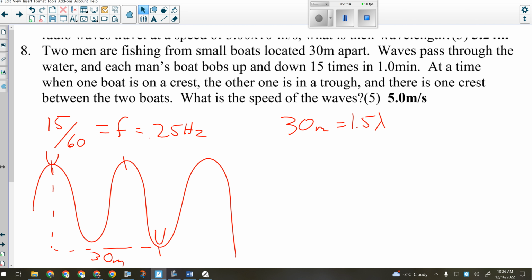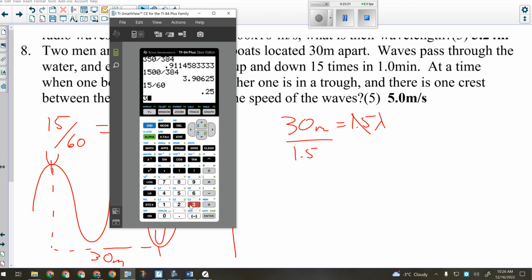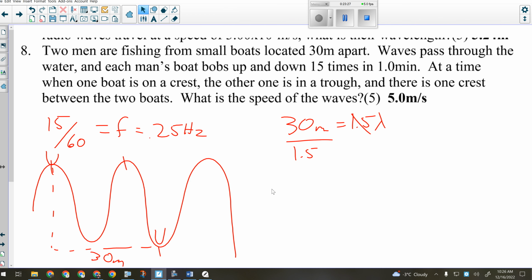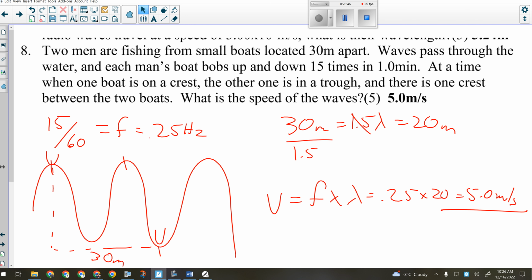If I divide 30 by 1.5, I'll get the wavelength, which is 20 meters. If I want to find the speed of the wave, v equals f times lambda, so that'll be 0.25 times 20, which is 5.0 meters per second.